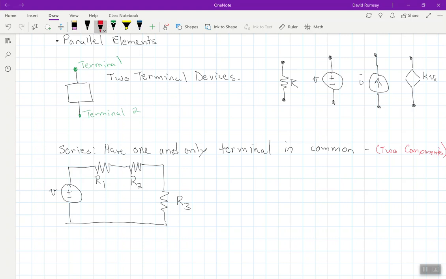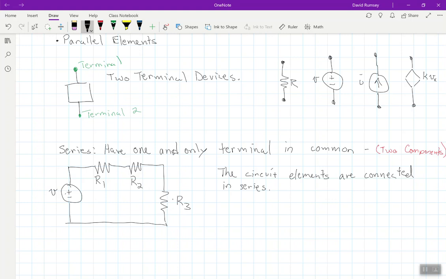What we want to be able to see here is that these circuit elements are connected in series. When we say that they're connected in series, what we mean is that this voltage source is in series with R1, then R1 is in series with R2, then R2 is in series with R3, and R3 is in series with the voltage source. But instead of saying all of those things, we just say that the circuit elements are all connected in series.